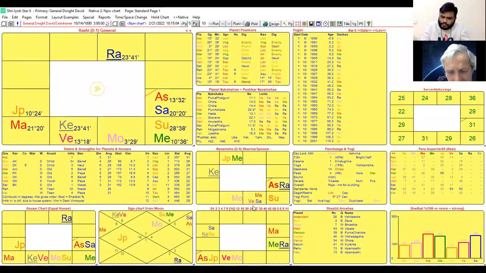And if you see Venus down here, Venus in this Navamsha is with an exalted Saturn in its own sign, along with Mars. So Venus will essentially give him good opportunities for growth. Now, Rahu is interesting, 1954 to 1962.